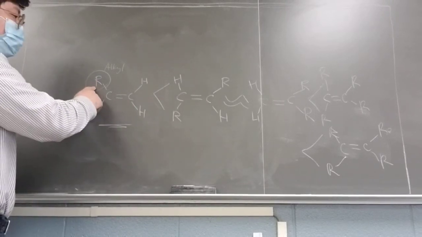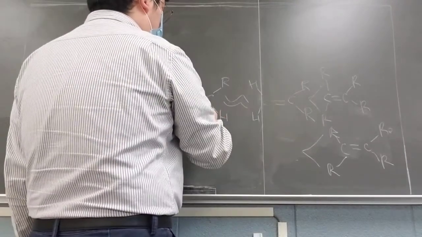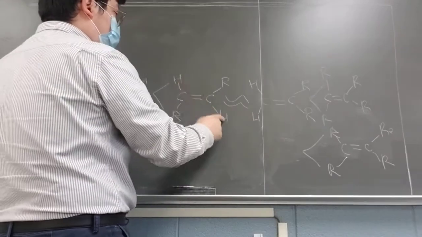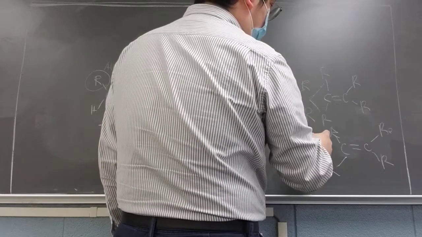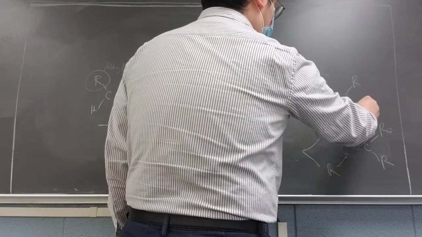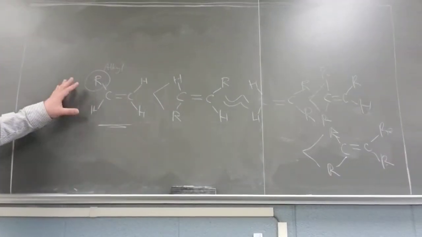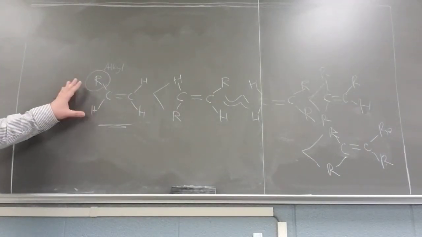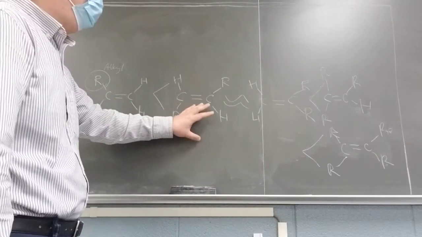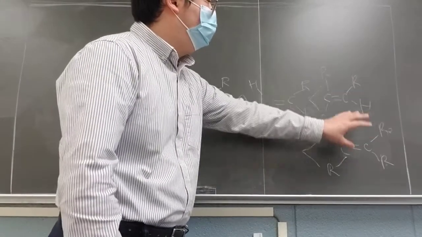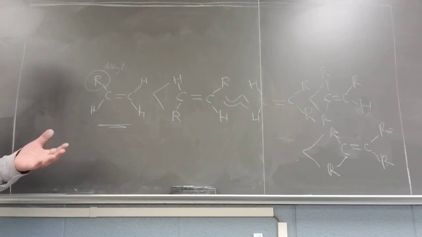Here is only one R group, and then there are two, either on the same carbon or different carbons, so 2 R and 2 hydrogen, 3 R and 1 hydrogen, and 4 R's. In this case, we name these monosubstituted, disubstituted, trisubstituted, and tetrasubstituted alkenes, because it's just the number of alkyl groups attached to the carbons in the double bond.